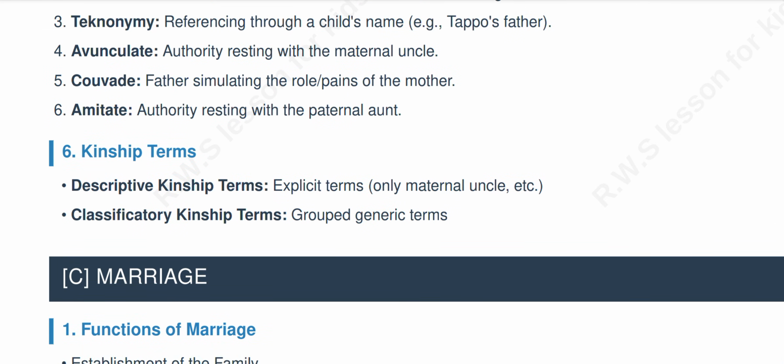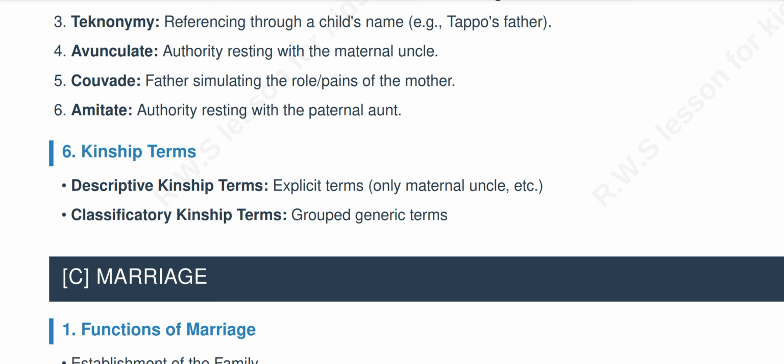Next are the kinship terms: descriptive kinship terms and classificatory kinship terms. Descriptive means, for example, maternal uncle, and classificatory is like grouping. Consider maternal uncle and just uncle.